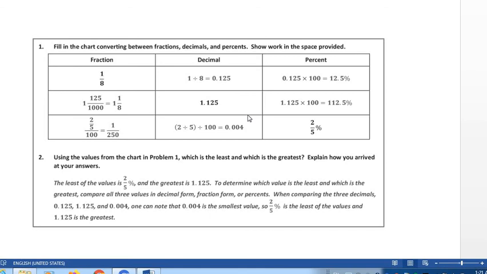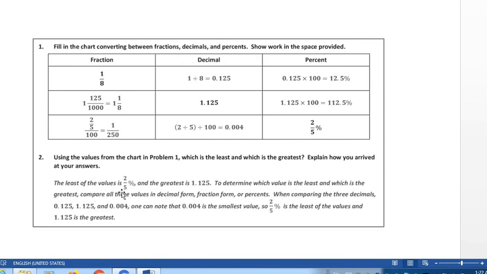So the answer will be 4 over 1000. I want to simplify. Don't forget to simplify. Divide by 4, 1, and 1000 divided by 4 will give you 250. So by this, it's very easy.